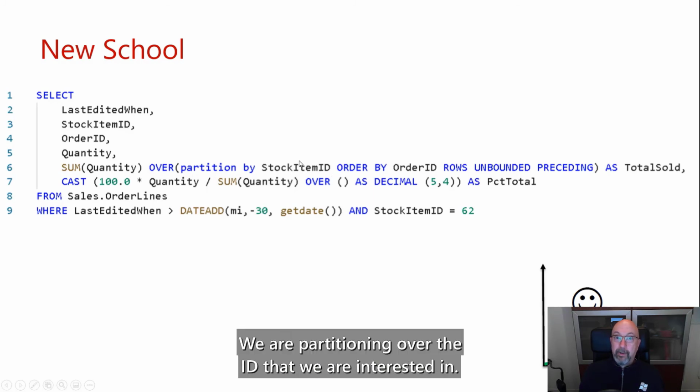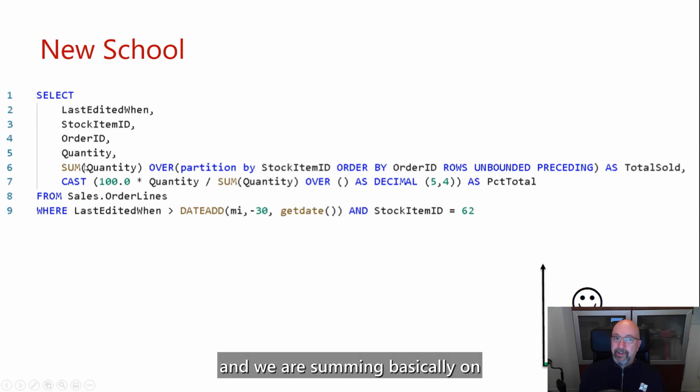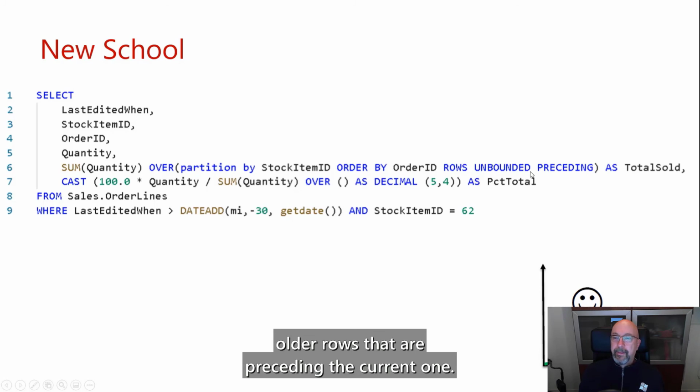So we are partitioning over the ID that we are interested in, and we are ordering that window function on order ID, and we are summing on all the rows that are preceding the current one.